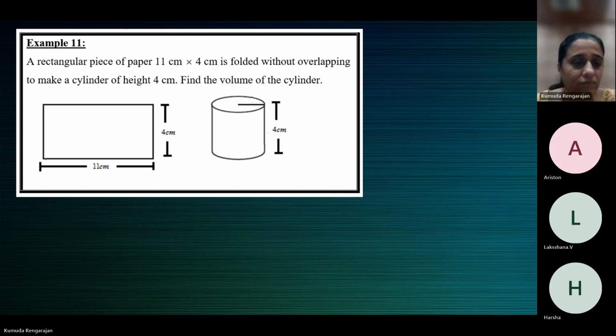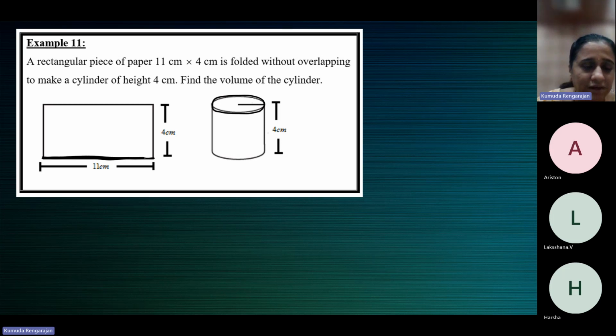Now, this length of 11 centimeters has now become a circle in the cylinder. This line segment, 11 centimeters, is now in the form of this circle in the cylinder. I can say this 11 centimeters is here in the bottom circle, and this 11 centimeters is here in the top circle.